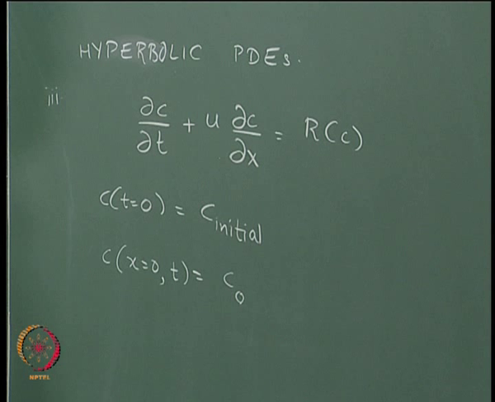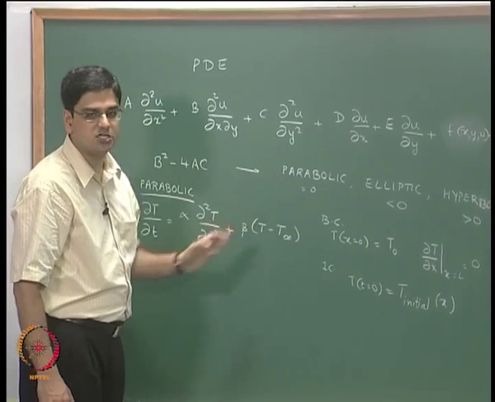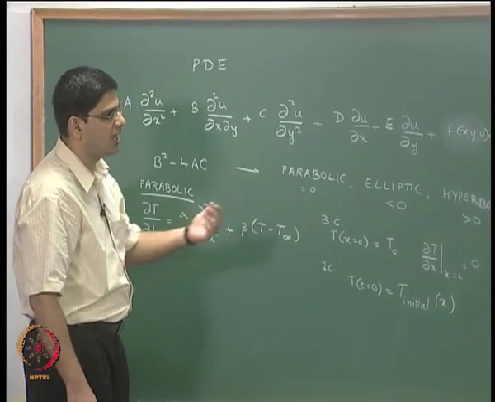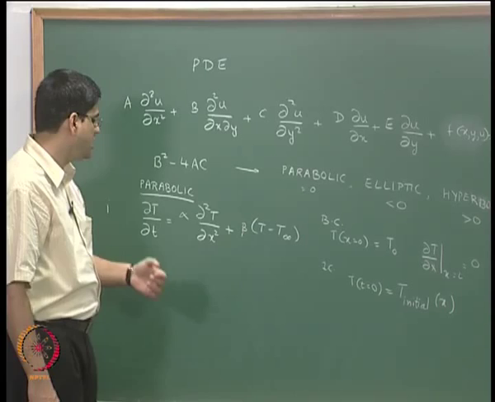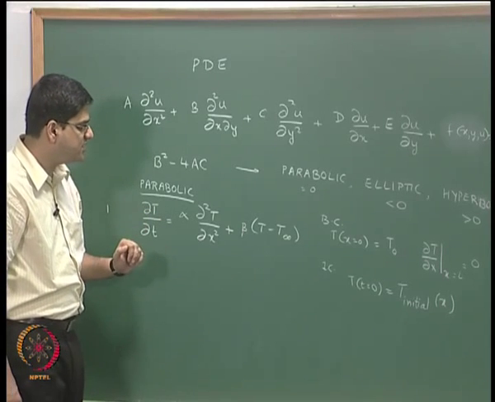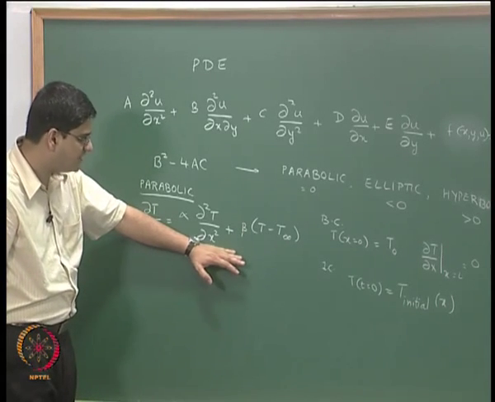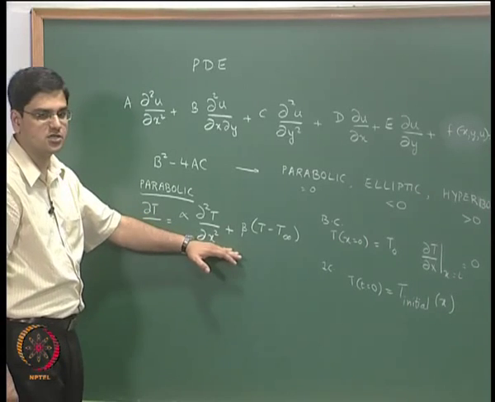In time, both parabolic and hyperbolic PDEs are going to evolve in one direction. Starting from t equal to 0, we will evolve these equations in the future times in both hyperbolic or parabolic PDEs. The difference between hyperbolic PDEs and parabolic PDEs is that in the parabolic PDE we have this diffusion term.